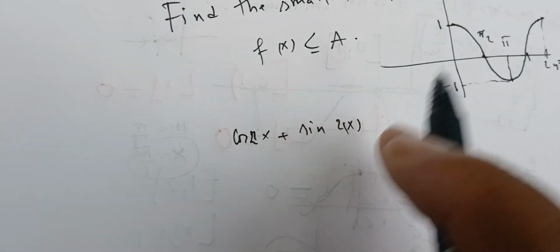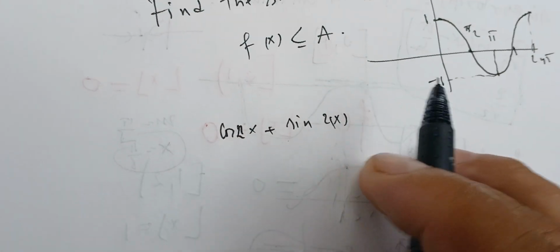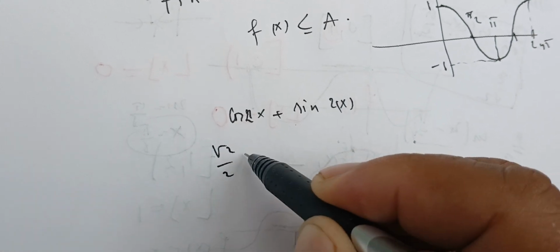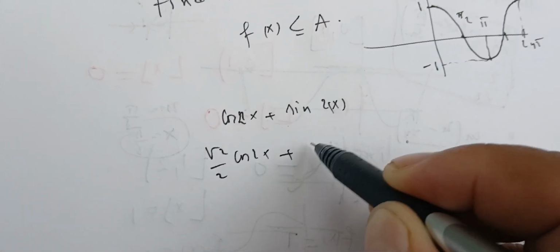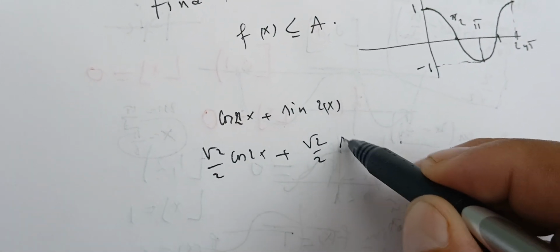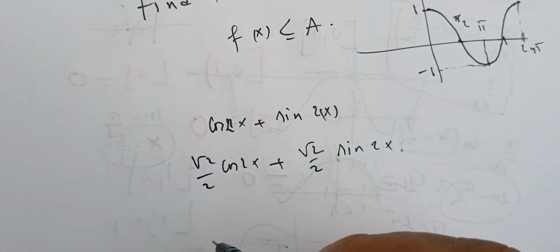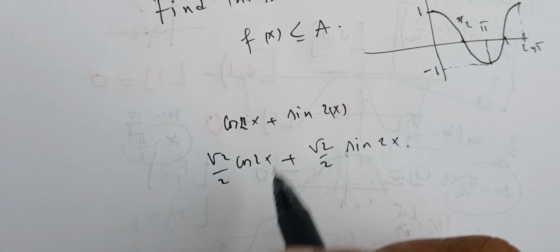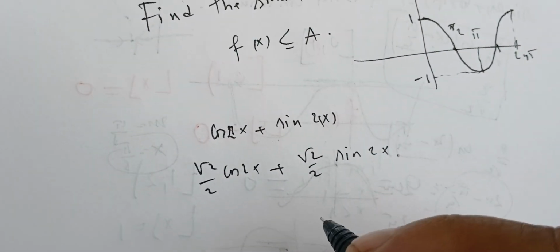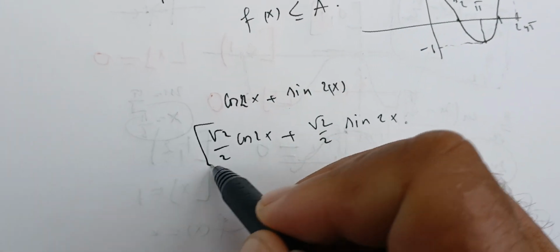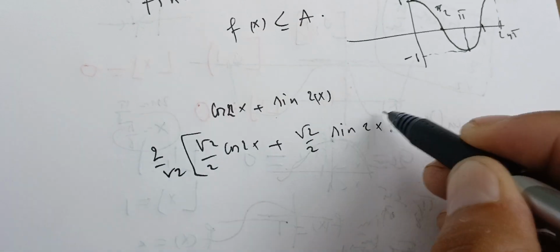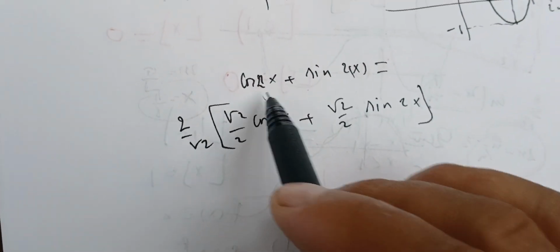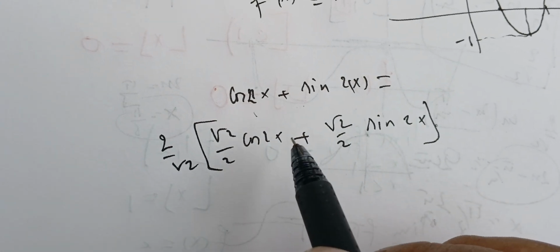If we multiply by the square root of 2 over 2 on all sides, we can write square root of 2 over 2 cosine of 2x plus square root of 2 over 2 sine of 2x, and we can factor out the 2 over square root of 2. We can see that these two expressions are the same.